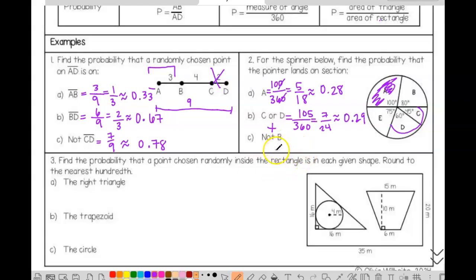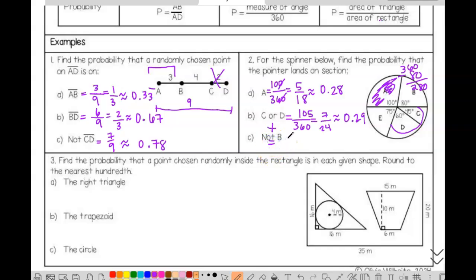Part C says, what's the probability of not landing in B? How could I attack this? You could add all the other ones: A, E, D, and C. Or subtract 80 from 360. I'm just going to do that one because it's just one step. Which is how much? 280. And of course, if you want to double check that you subtracted right, you could add all these.